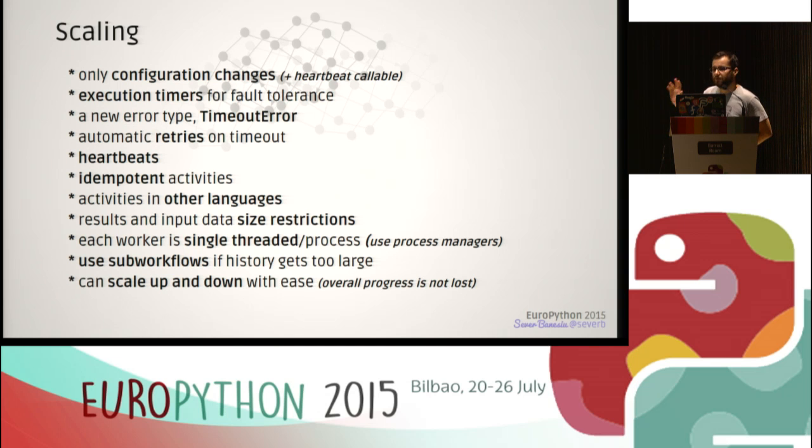The tasks or the activities, I'm using them to mean mostly the same thing, can be implemented in other languages, so you can use Flowy only for orchestration and workflow modeling, so the engine and the logic to run the activities. There are some restrictions on the size of the data that can be passed as input or the result size.